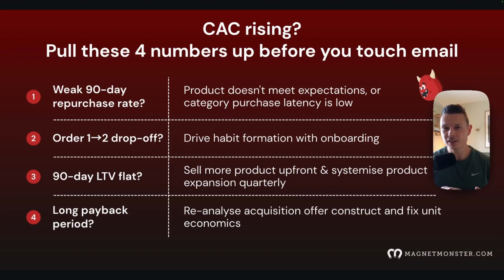And if this is the case and you sell a CPG type product, so let's just switch from the typical one-time purchase category to something that is designed to be consumed every month or 2 months or more frequently, then a lot of the time the customer is actually coming back to buy the same thing as they initially purchased. So you don't need to be too sophisticated with how you're analyzing this. Just look at the product that people came in on and they purchased, especially if it's something, as I said, in CPG, like a supplement.